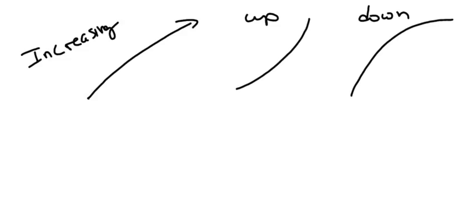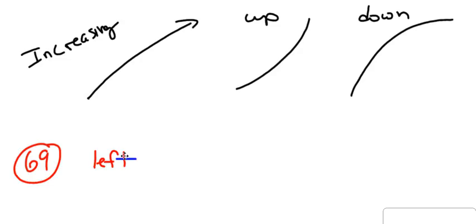Number 69 is asking, if we were given this and using either right, left, or midpoint approximation, is it going to be overestimating or underestimating? So let's assume right now we want to talk about left approximation. Remember, only the left corner of the upper width is hitting the function.